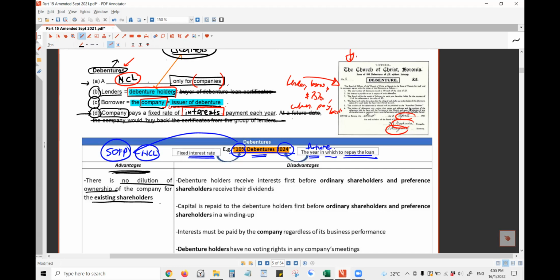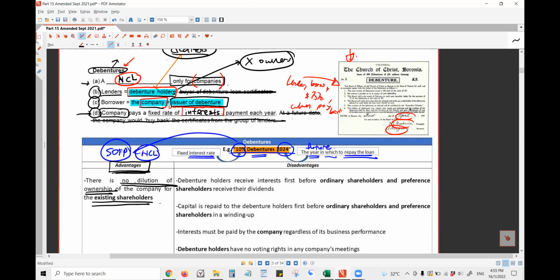Debenture holders are not owners of the company. Only shareholders are the owners of the company. Therefore, if the company raises money by issuing debentures, there won't be more owners of the company. Therefore, no dilution of ownership.